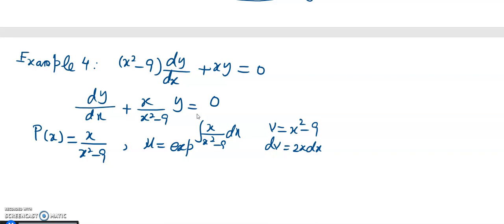So x dx will be equal to dv by 2. So we can use these substitutions here. So the exponent of the integral of dv over 2 divided by x square minus 9, and x square minus 9 is v. So now dv over v, that means 1 over v.